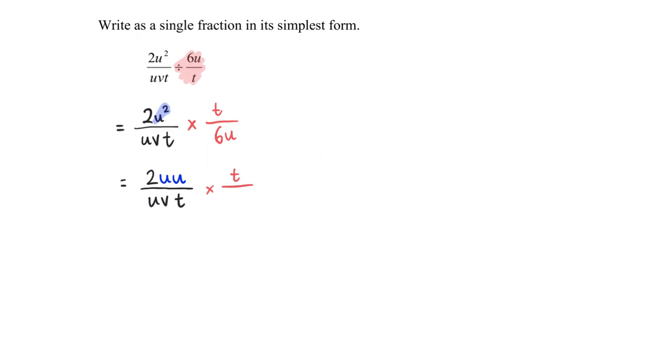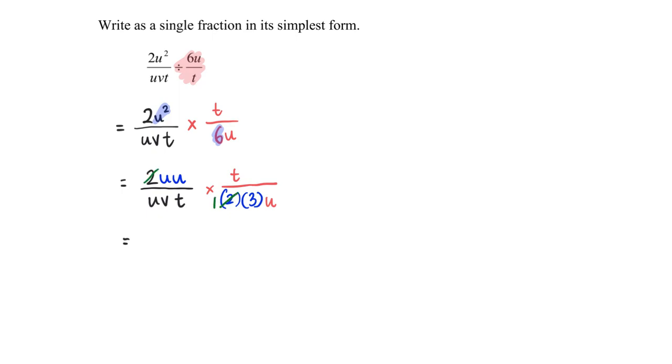I would actually, for this 6, in blue color, rewrite it as 2 times 3, because then I could do the following. I could divide the numerator and the denominator by the same number or same variable.